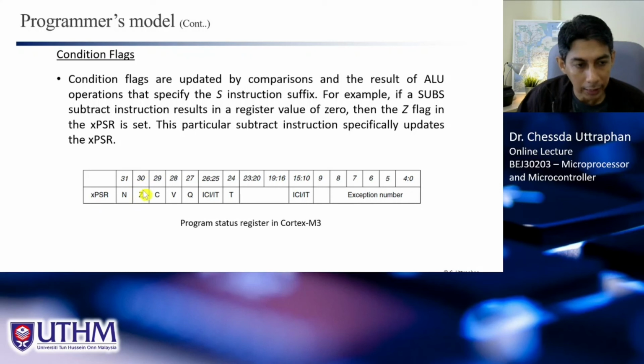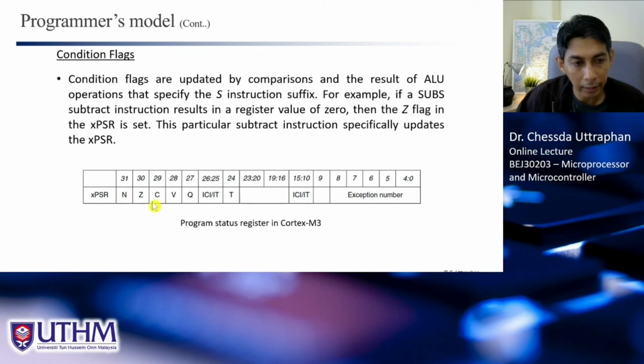Bit number 30 is Z, which gives you a zero result or not zero result. For example, if Z equals 1, it means that the result is 0. If Z equals 0, it means that the result is not 0. For N, if N equals 1, it means that the result is negative. If N equals 0, it means the result is positive.